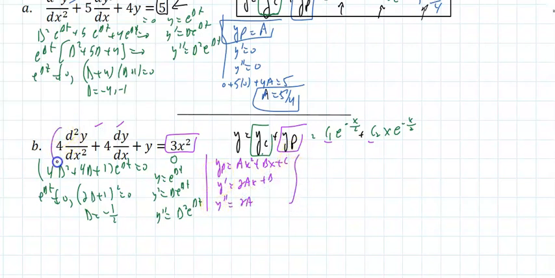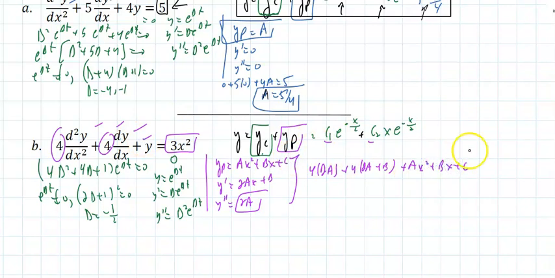Now, 4 times y double prime plus 4 times y prime plus y, that must equal the 3x squared.